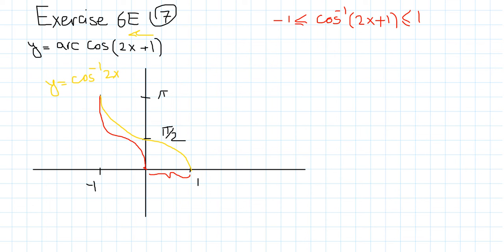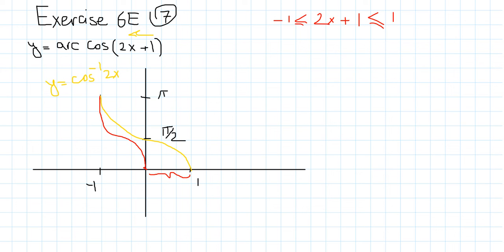So I know 2x plus 1 should be between minus 1 and 1.